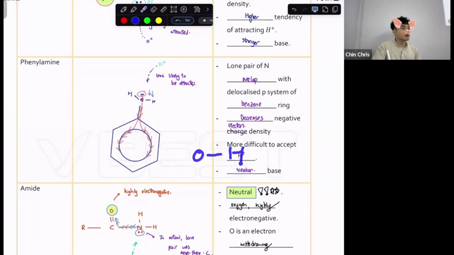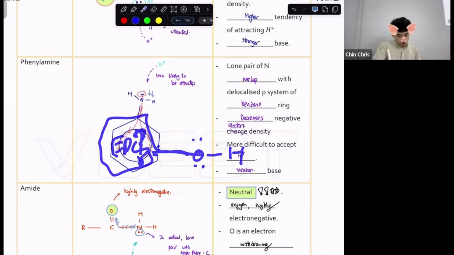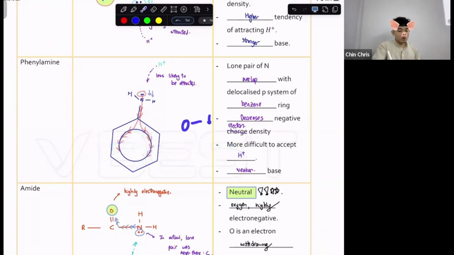Oxygen has two lone pairs. Oxygen is also highly electronegative. So depending on this OH, what is it bonded to? Let's say if it's a ring, it will still go in. But if it's an EDG, then the EDG will push it. Or a methyl group, for example CH3OH, the same thing.